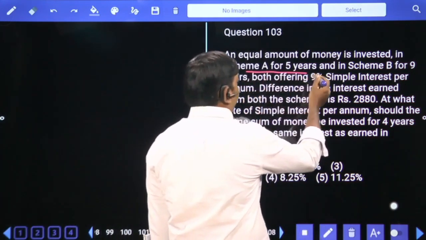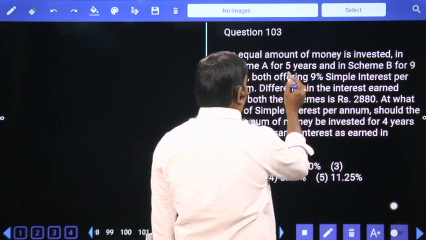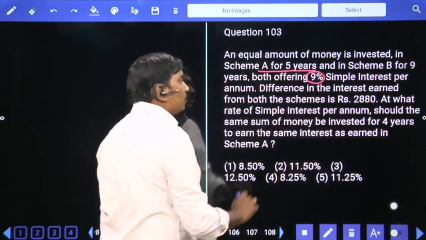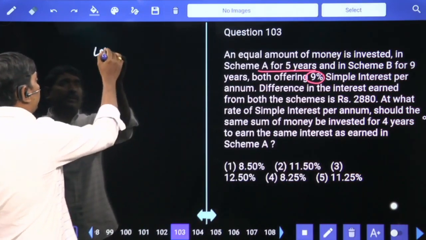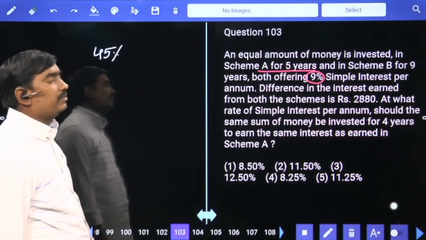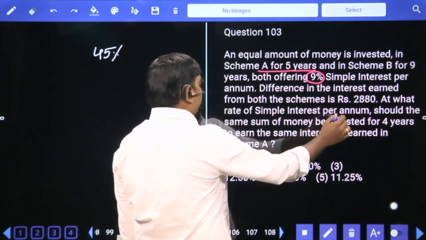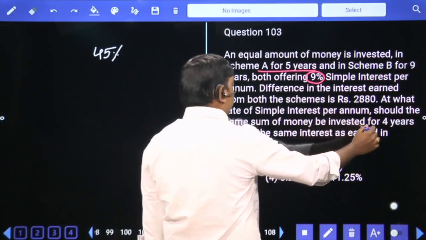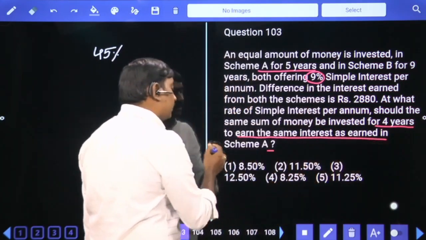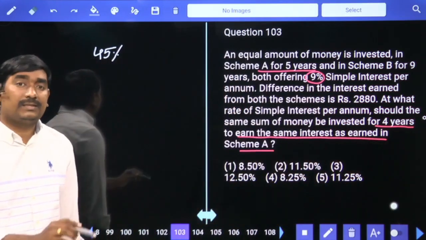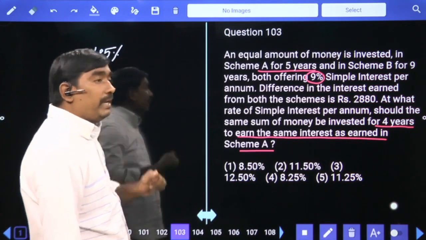Scheme A for 5 years at the rate of 9% per annum. So per 1 year 9%, 5 years 45%. Scheme A interest is 45%.